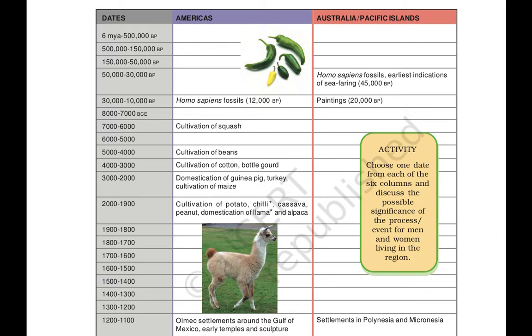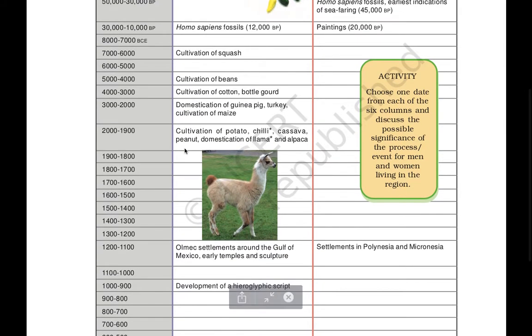Then 50,000 to 30,000 BP. In this timeline, in Australia, Homo sapiens fossils, earliest indications of seafaring. From 30,000 to 10,000 BP, in Americas, Homo sapiens fossils. In Australia, paintings.